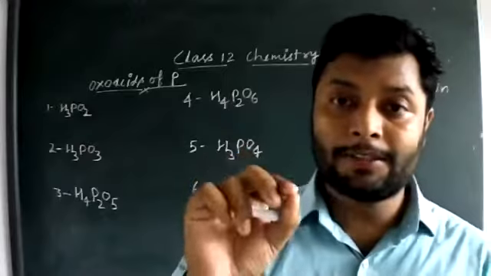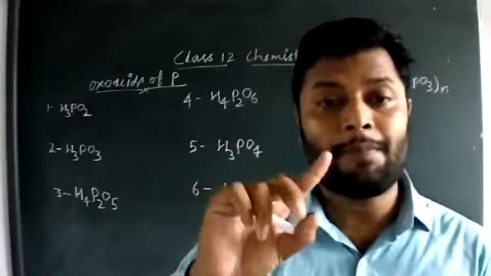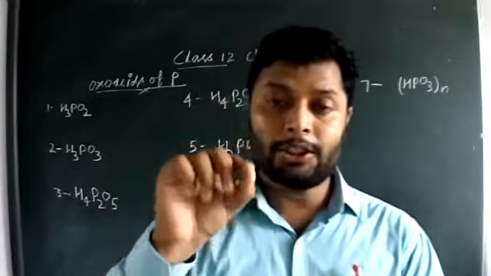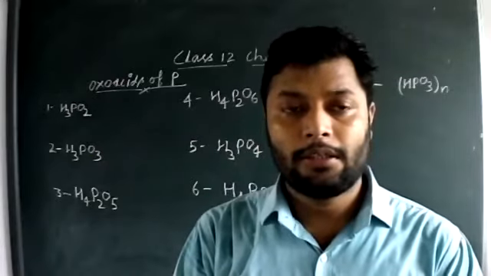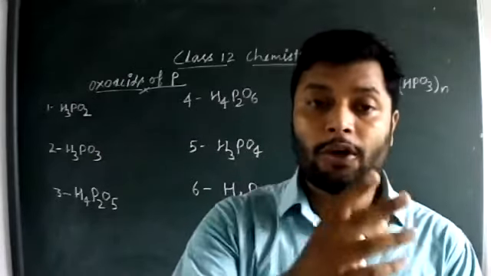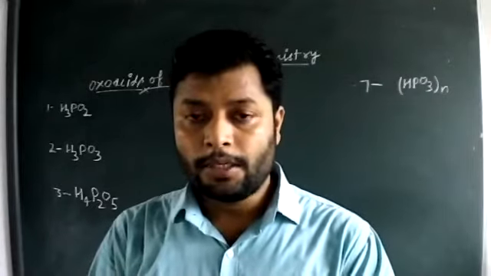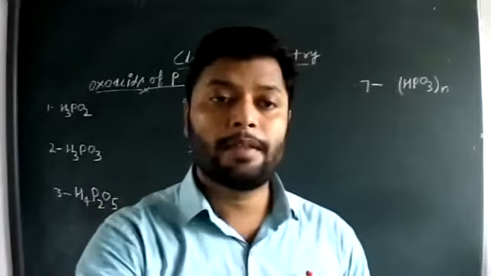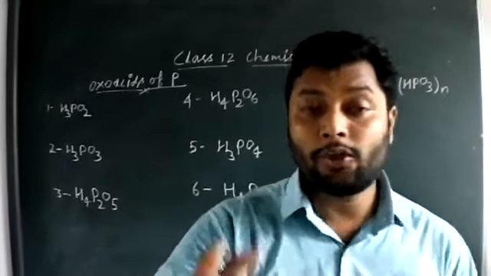Phosphorus always forms at least one P double bond O, and there is always at least one OH attached to phosphorus. Then only we can call them the oxoacids of phosphorus. So the thing common in all the structures is P double bond O and P bond with OH. That is the common thing.